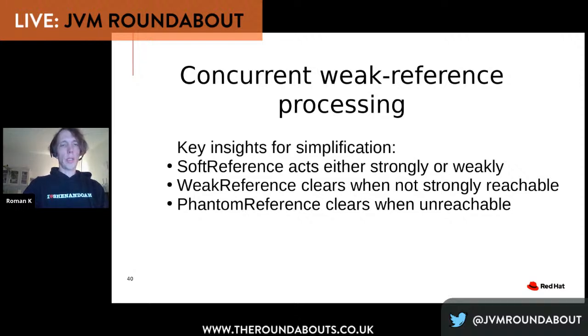If we actually are under memory pressure, then it acts like a weak reference. So this is basically the same as a weak reference, except for a couple of additional constraints. Weak references get cleared when the referent is not strongly reachable. So this only depends on the property of strong reachability here.